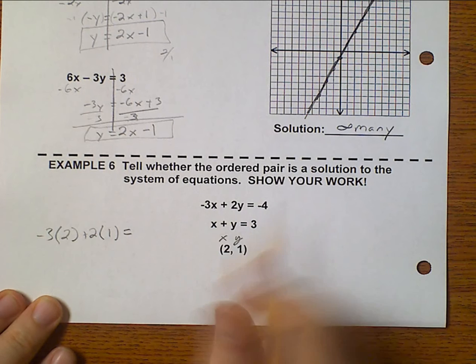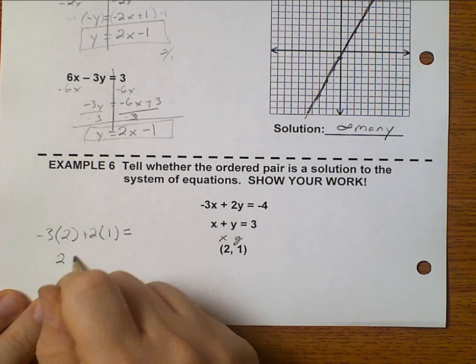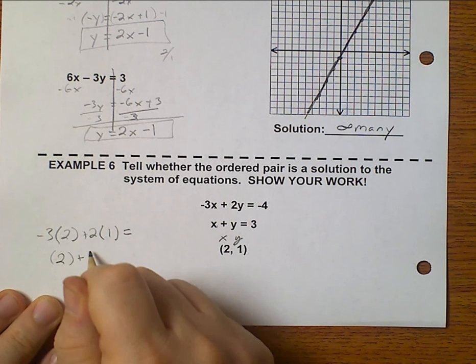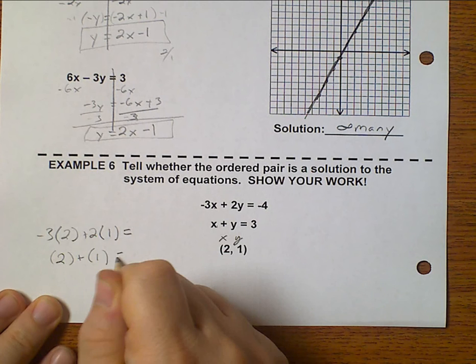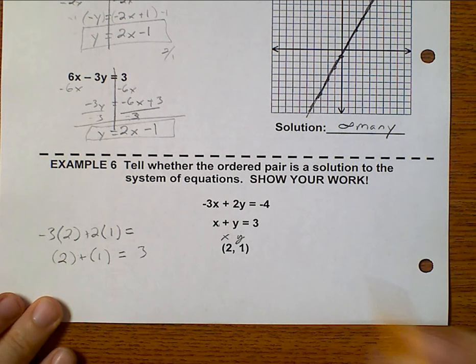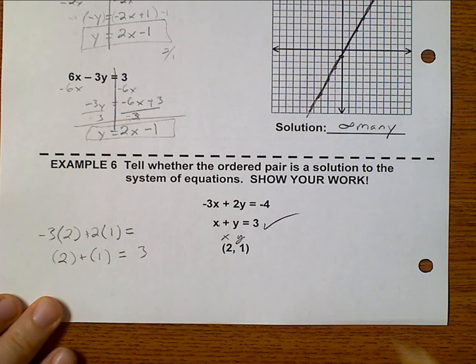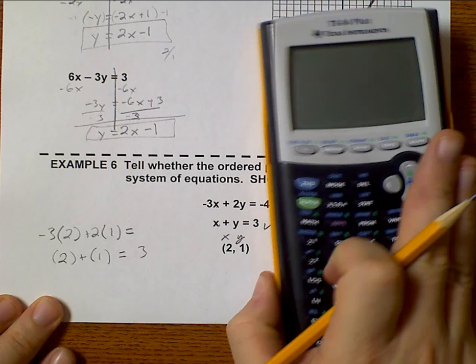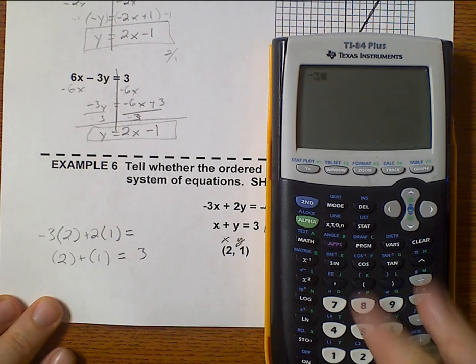Now we'll do the same thing for this one. 2 plus 1. And I would see what that equals. Well, I know 2 plus 1 is 3. Don't need to worry about that. And so that one, of course, checks. But let's check on this other one. I just put it directly in my calculator.